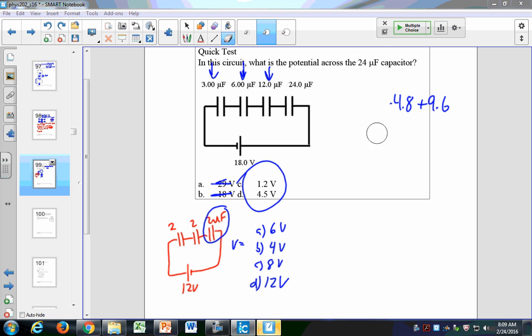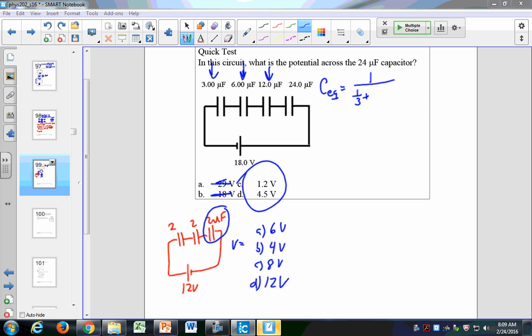Sort of the hard way to do this is to first find the equivalent capacitance. And it's a little tedious to do this because the numbers don't work out even. The equivalent capacitance is 1 over a third plus a sixth plus a 12th plus a 24th. And then that works out to be 24/15, yeah, 1.6.